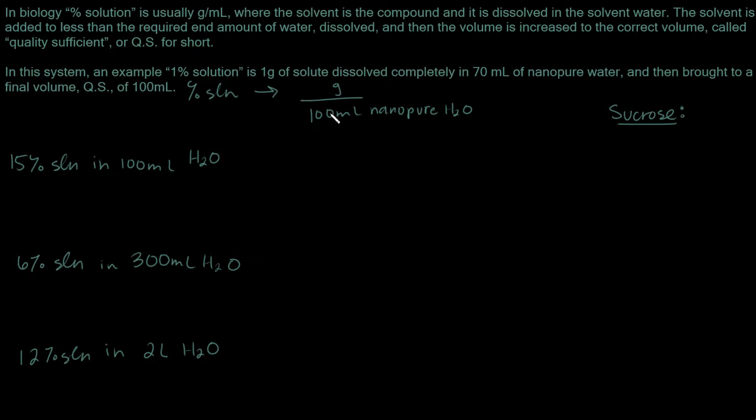And so we'll have grams over 100 mils of nanopure water. A 1% solution is 1 gram per 100 mils of water.